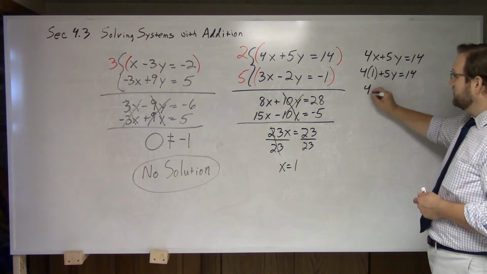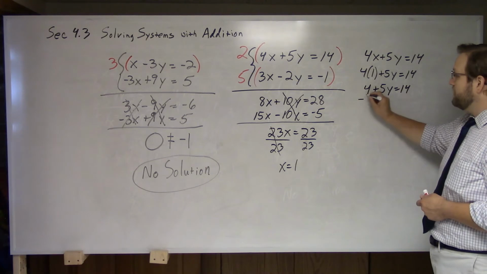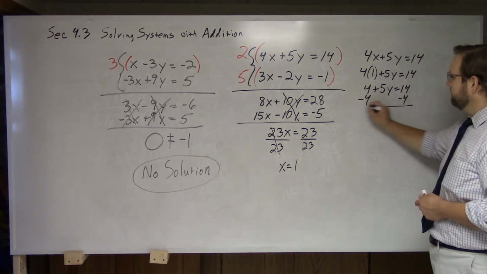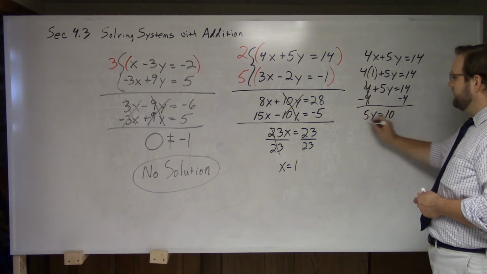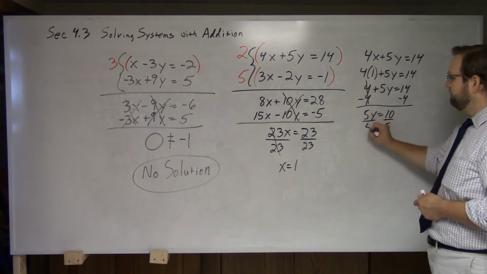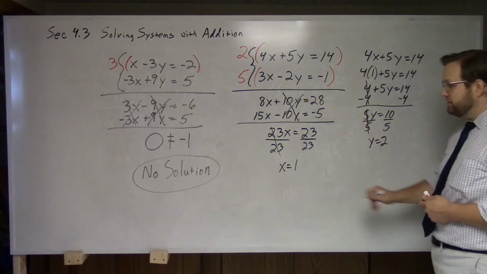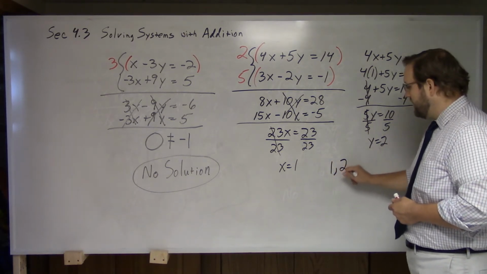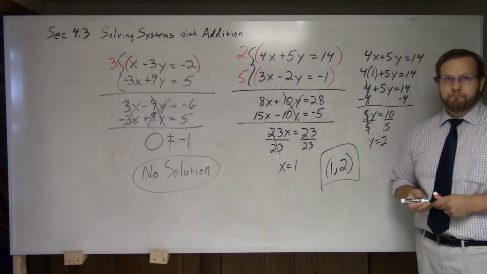So I get a 4. I subtract a 4. And then I divide by 5. So that gives me an x, comma y. And there's our final answer.